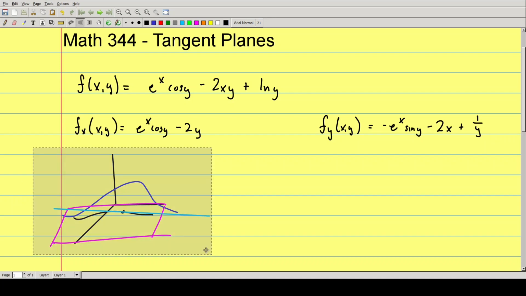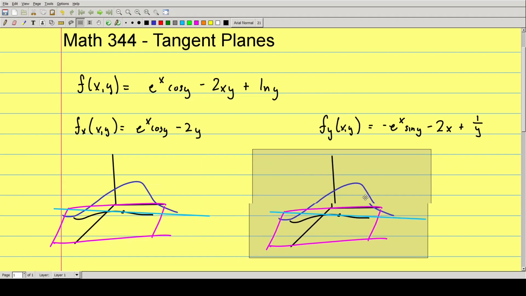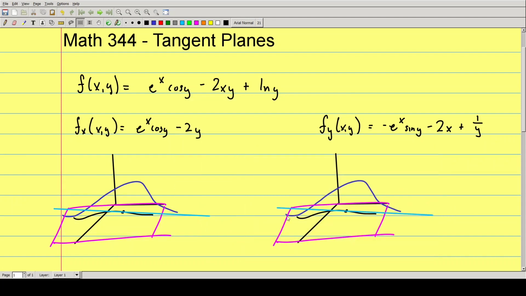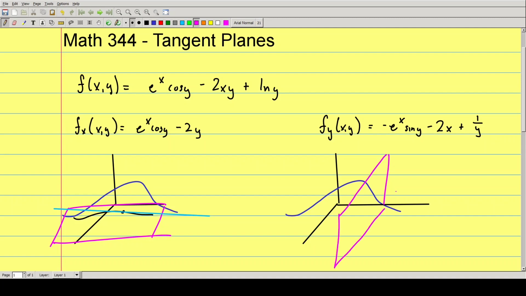And if I have this picture repeated, and I have some other cutting plane that looks like this, I'm interested in the same point, right?